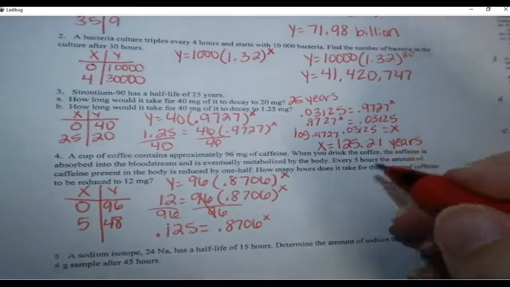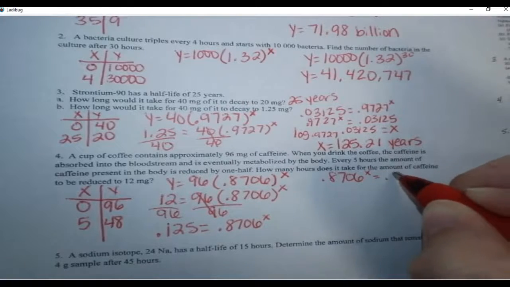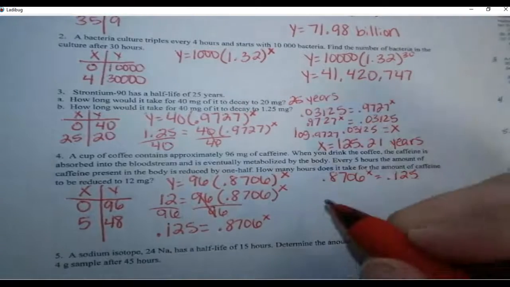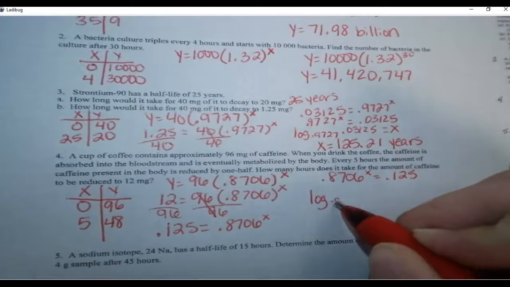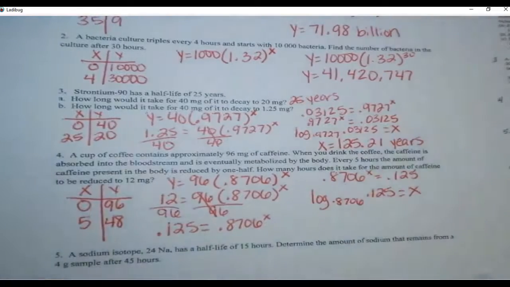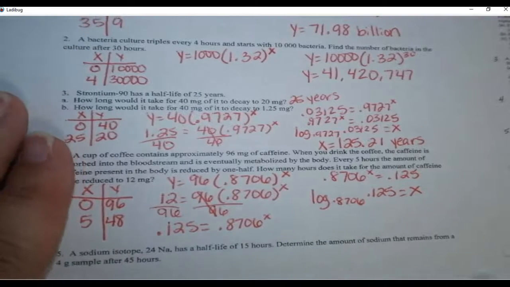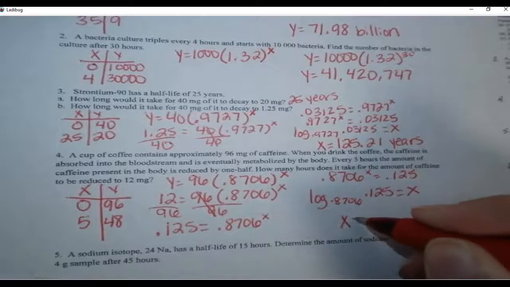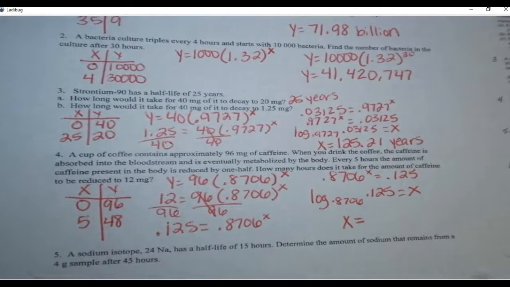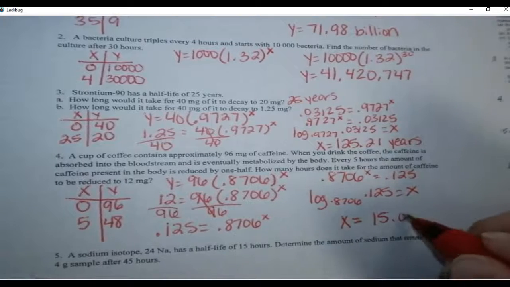And then we change it to a log. Again, if you want to switch that exponential over, you can do that. Either way, you get log base 0.8706 of 0.125 equals X. And then you just type that in. And what do you get? Yeah, so about 15.01, something like that, hours.